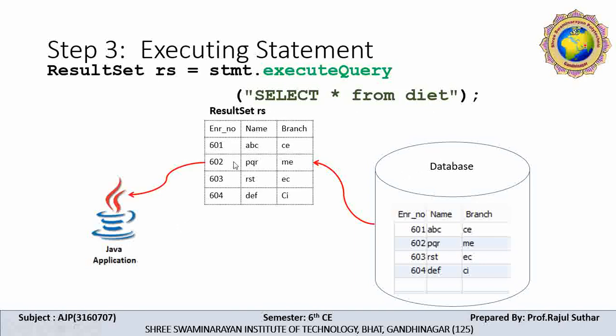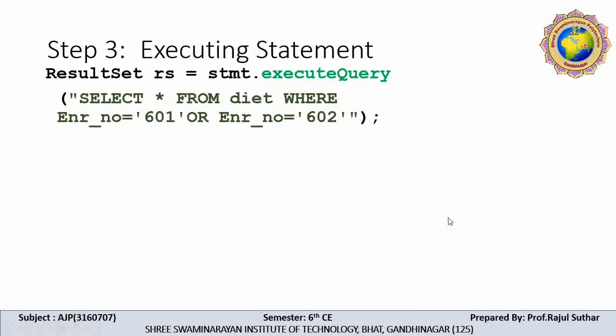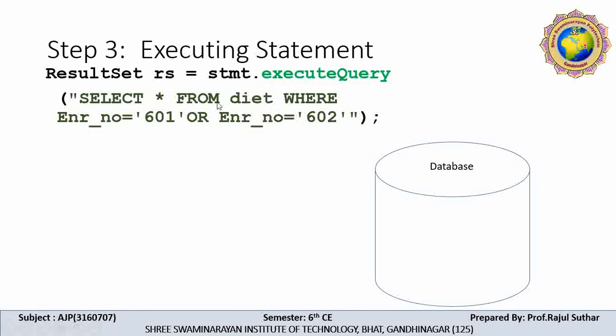And we are using the Java application. So the Java application is directly connected with the database by using the type 4 driver. Result set rs is equal to statement dot execute query, select star from diet where enrollment number is equal to 601 or enrollment number is equal to 602.